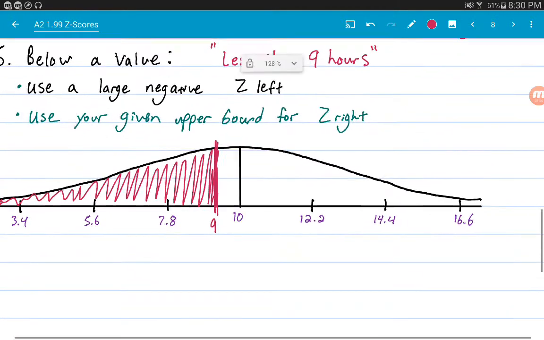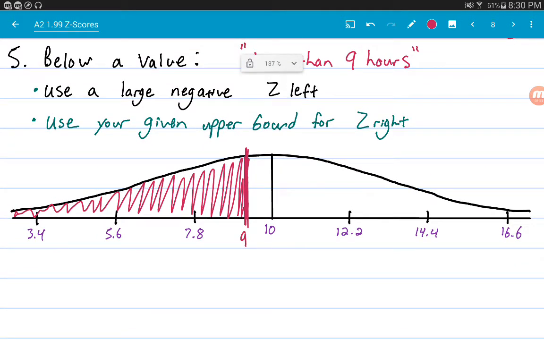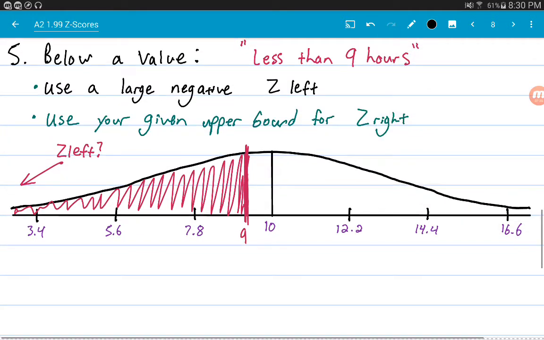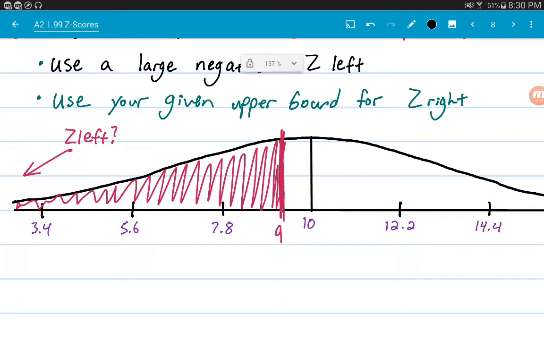So if I'm working in that direction, I'm going to use a large negative for my z left, because my z left is somewhere over here, somewhere off there. I'm going to pick a large negative number for that. So let's remember what our z values are: 0, negative 1, negative 2, negative 3.